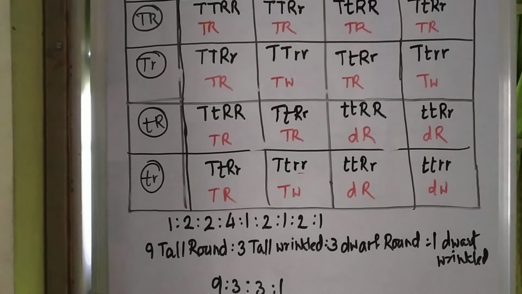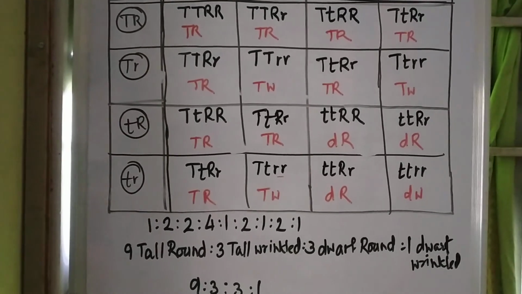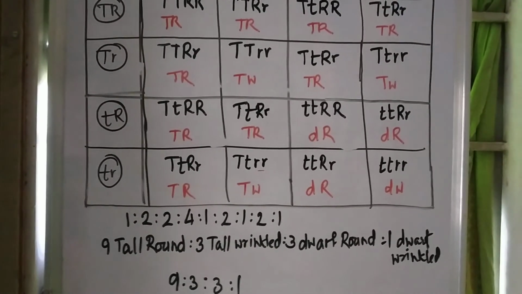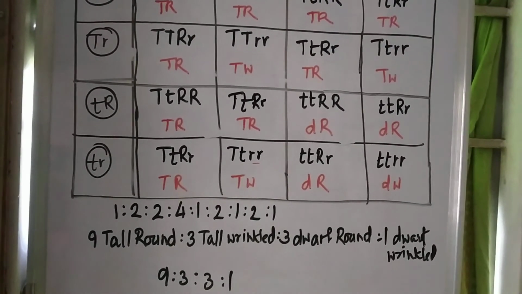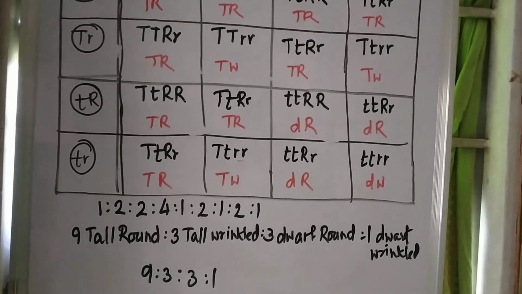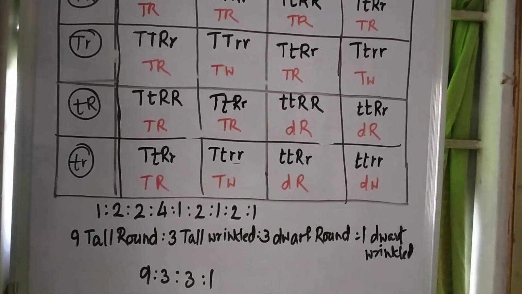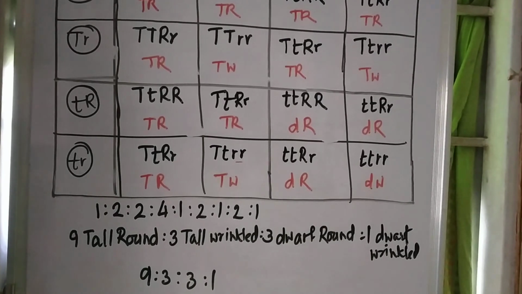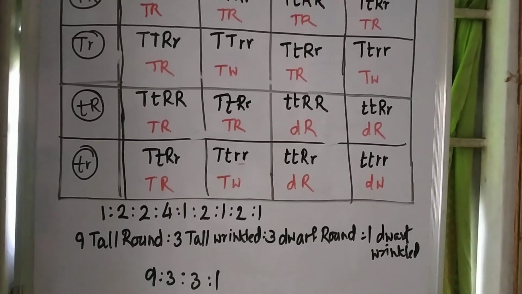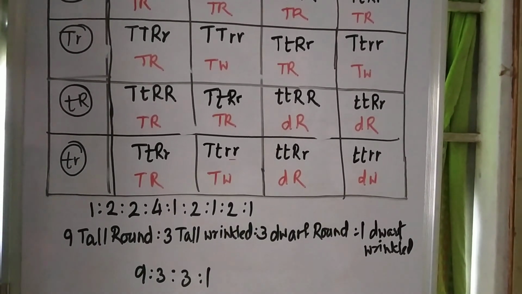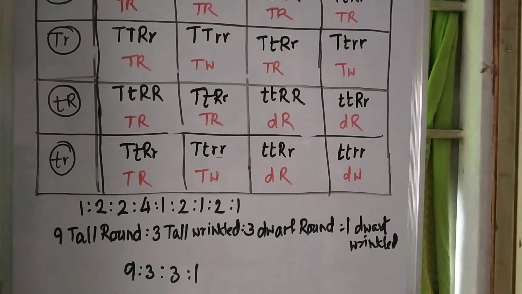Rather, the parental combinations will be more and recombinations will be quite less. Here the parental combinations are 9 plus 1, that is 10, and recombinations are 3 plus 3, that is 6. But if there is more linkage between the genes, there would have been a different type of ratio in the F2 generation, indicating that the law of independent assortment helps us in studying also linkage.